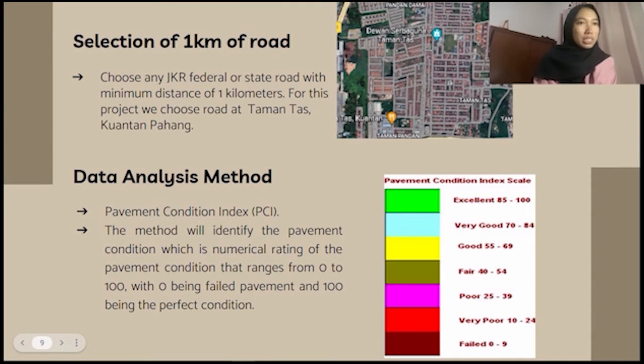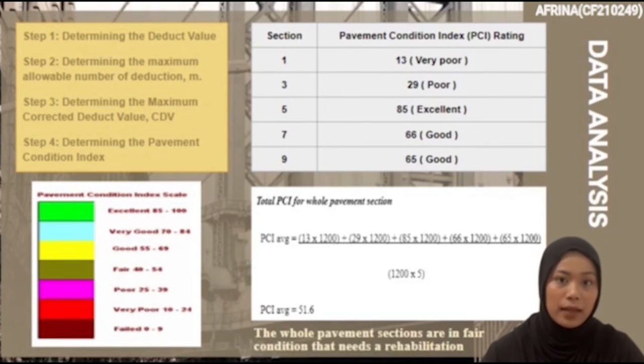As you can see in the picture, which is a PCI scale, 0 to 9 is failed, 10 to 24 is very poor, 25 to 39 is poor, 40 to 54 is fair, 55 to 69 is good, 70 to 84 is very good, and for an excellent condition road, we can give it 85 to 100. Next is data analysis.